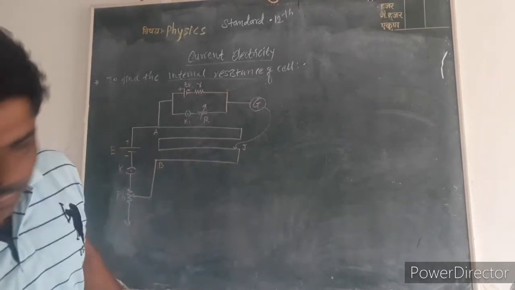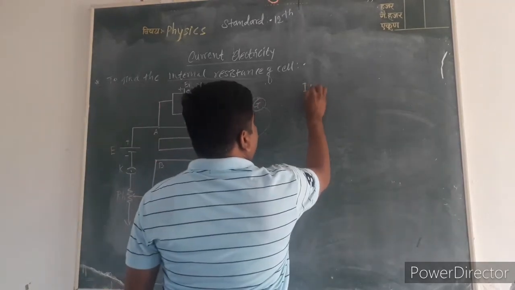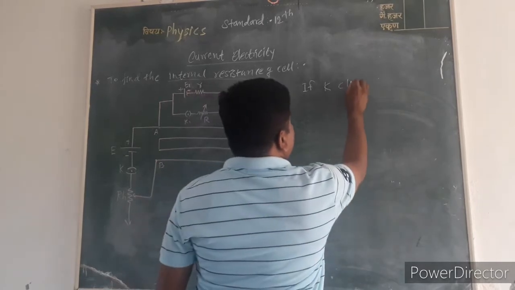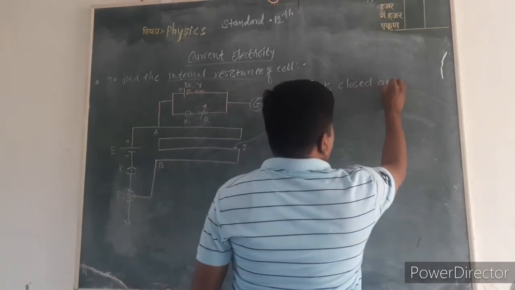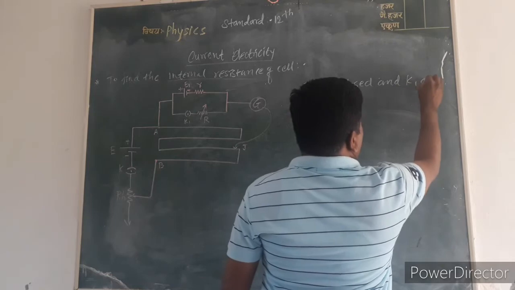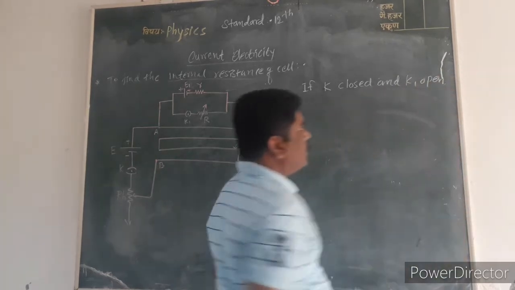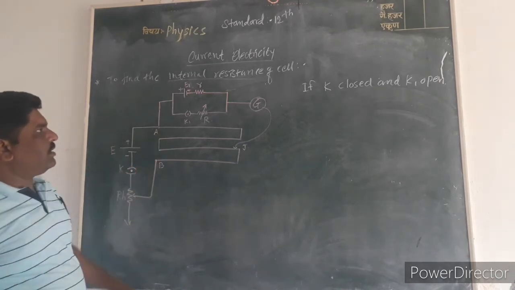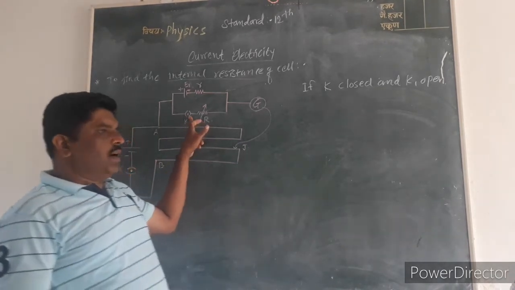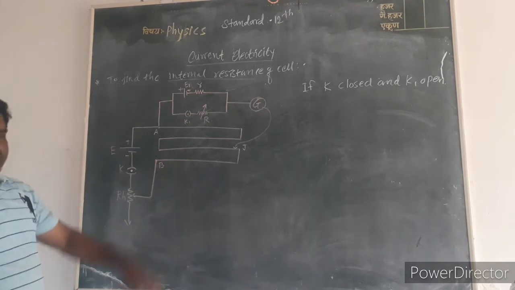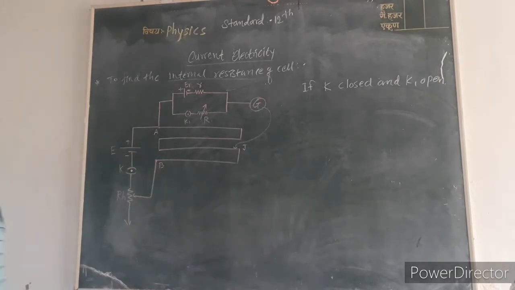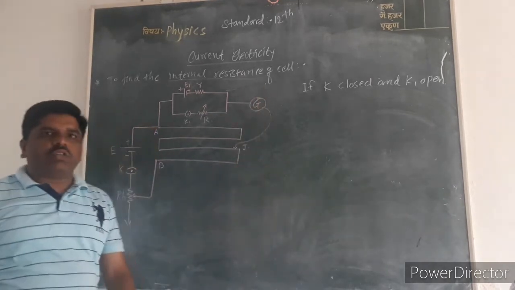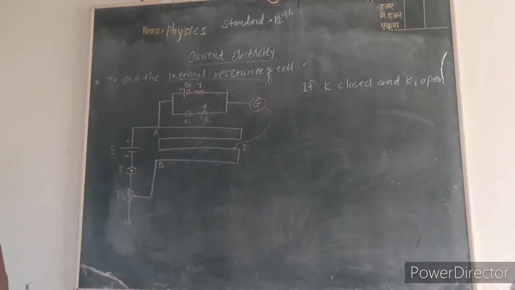If plug key K closed and K1 open, the electric current passing through this circuit instead of this resistance box, galvanometer shows deflection.